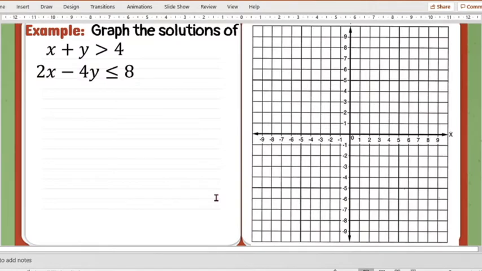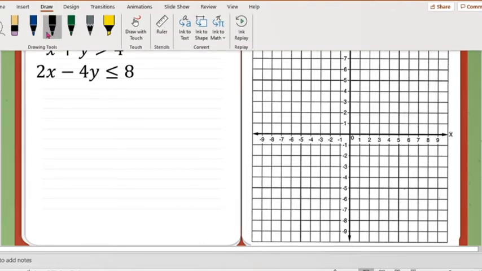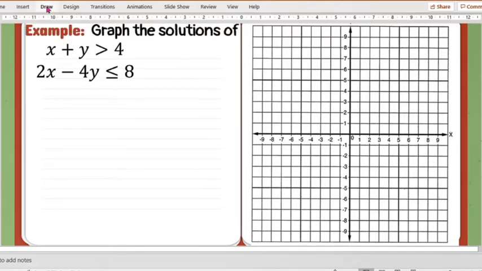Graph the solutions of x plus y greater than 4 and 2x minus 4y less than or equal to 8. Again, let's start with x plus y. Solution: I copy x plus y greater than 4, and then I'm going to rewrite this in slope-intercept form.